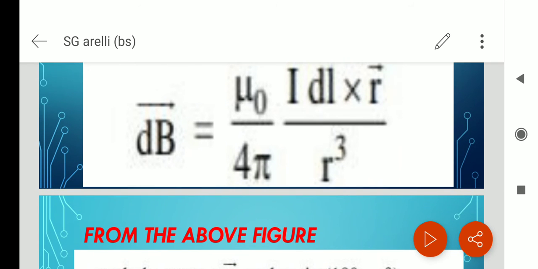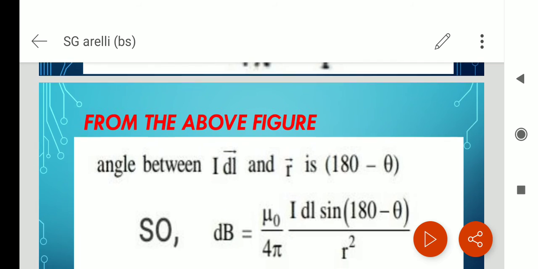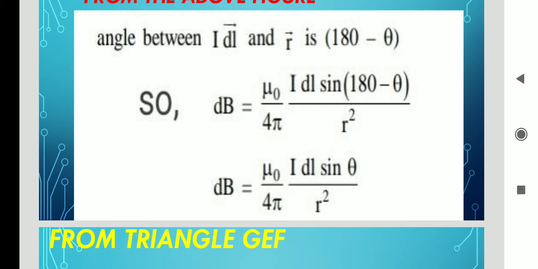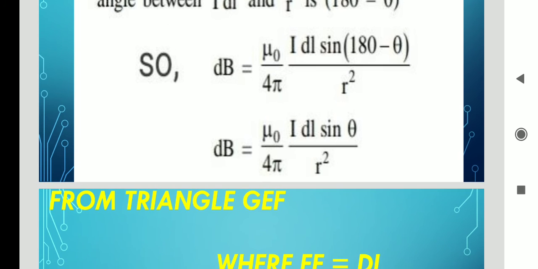Between I dl and r caps the angle is 180 degrees minus theta, so it is simplified as I dl sin of 180 minus theta. After simplification you will get dB equal to mu naught by 4 pi I dl sin theta by r square.